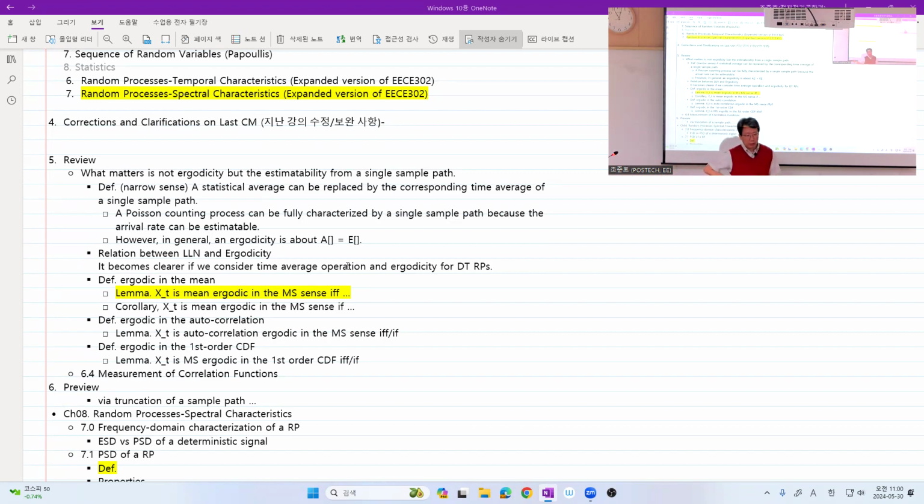As I repeatedly emphasized throughout this course, if we observe only once, then a probabilistic approach may not give us something good, because probability, as you now know, is related to the expectation of a properly defined indicator function.